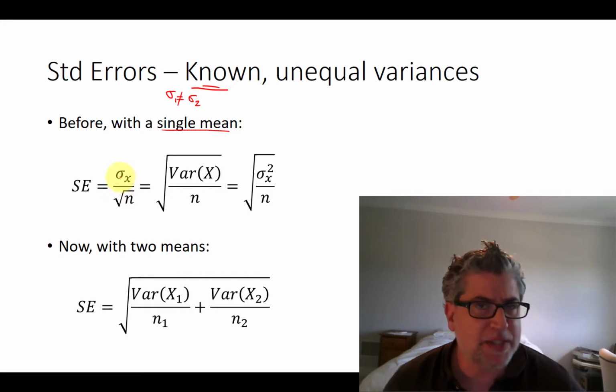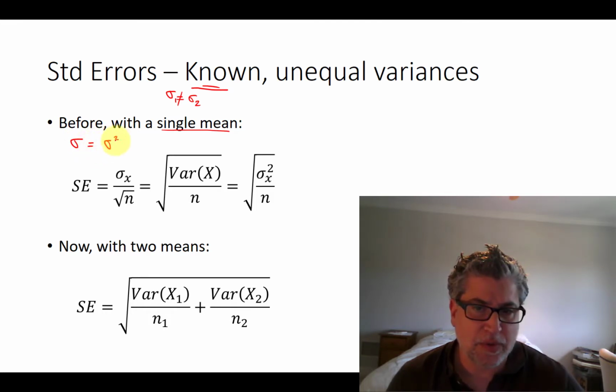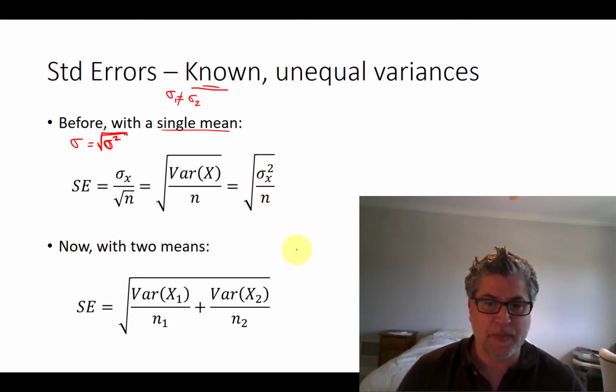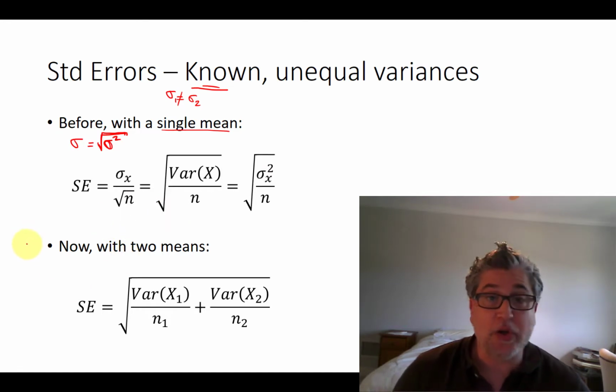Now, I just want to express that in a slightly different way. Just remember that the standard deviation is equal to the square root of the variance. So that's all I'm writing here. I'm just re-expressing this numerator as the square root of the variance. I do that because then I think it's a little bit more obvious where our new standard error formula comes from.